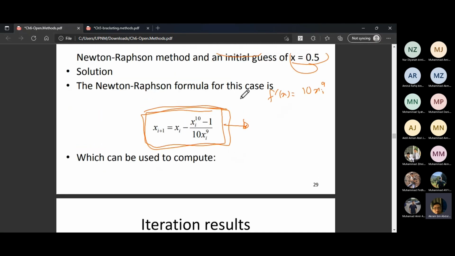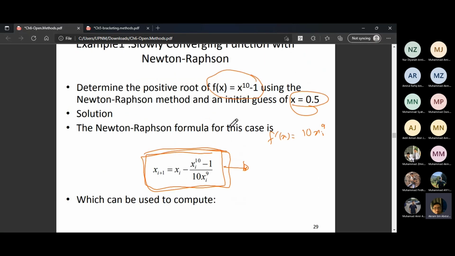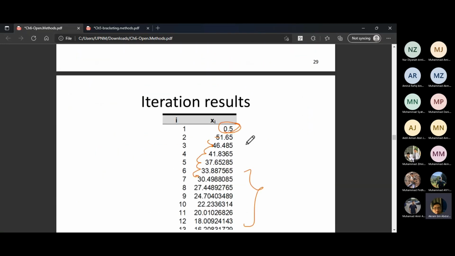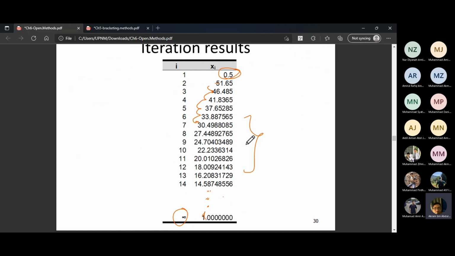If you plot this graph, you can see what the real root of this equation is. So when we use Newton Raphson here for this case, when we reach the 14th iteration, we only get xi equal to 14.587. In order to reach x equal to 1, you need lots of iterations.